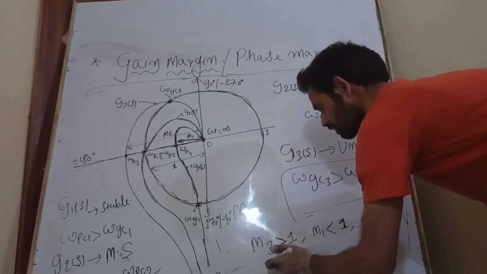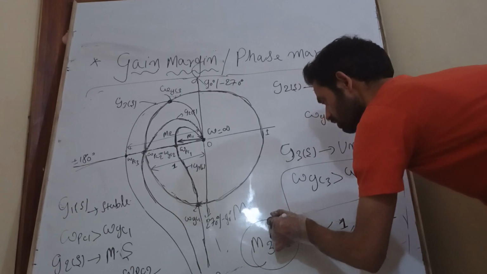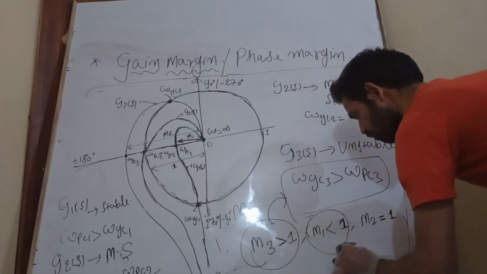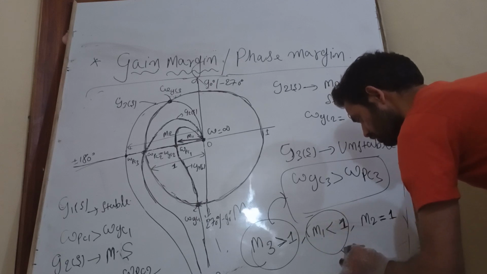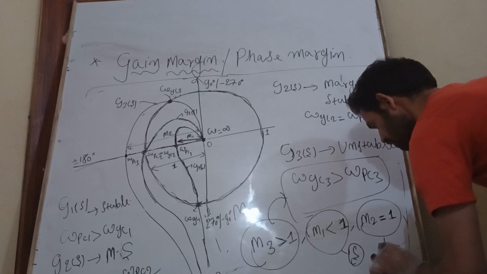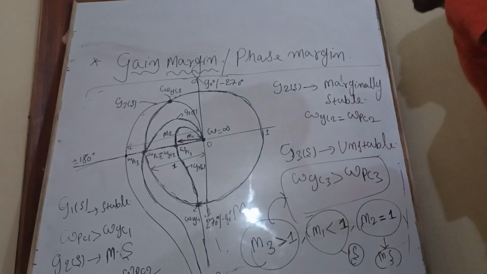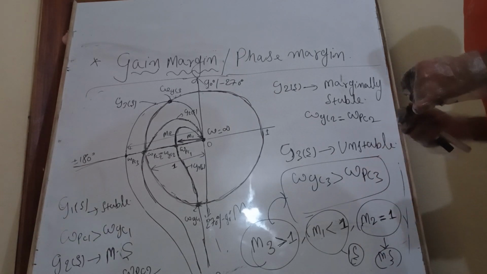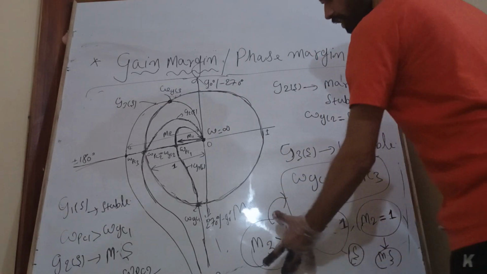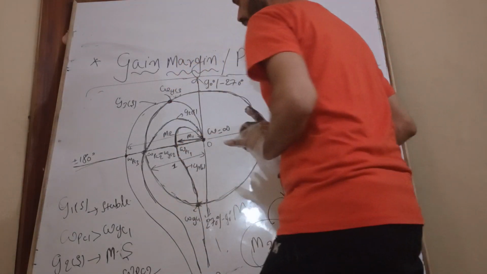Greater than unity means it is unstable. M1 less than 1 means it is stable. M2 equal to 1 means it is marginally stable. Okay, so now you can check it from here, and this is my magnitude.